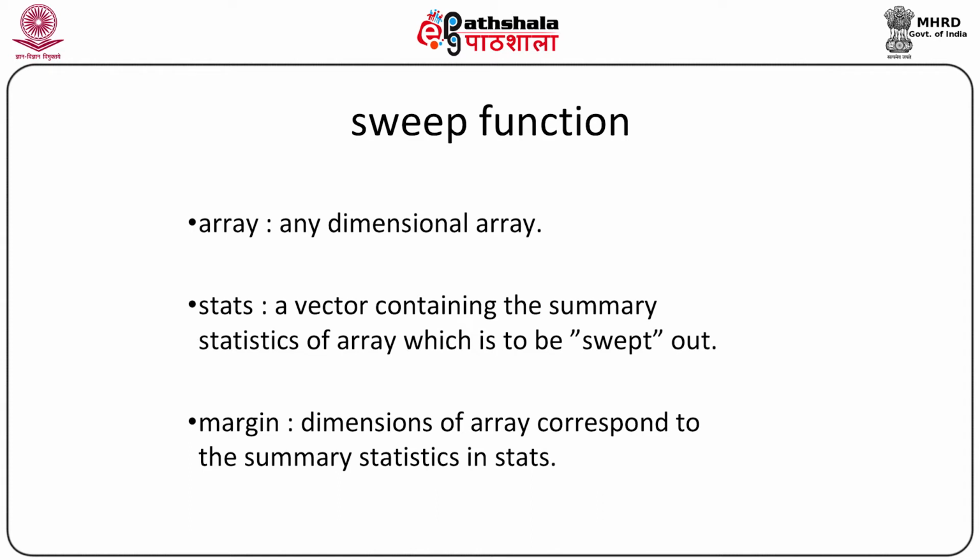The input array can be any dimensional array. Next, the stats argument is a vector containing the summary statistics of the array which are to be swept out. The argument margin specifies which dimensions of the array correspond to the summary statistics in stats.